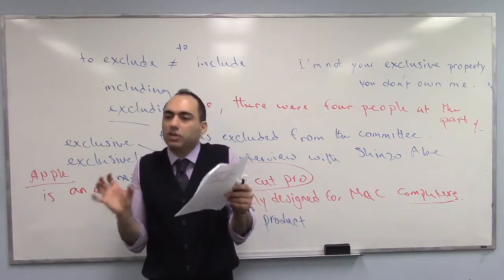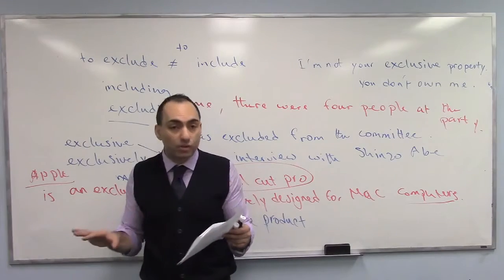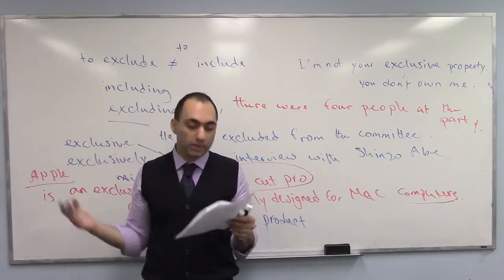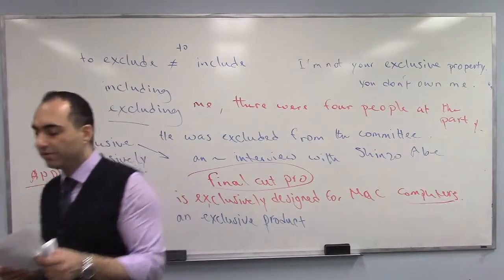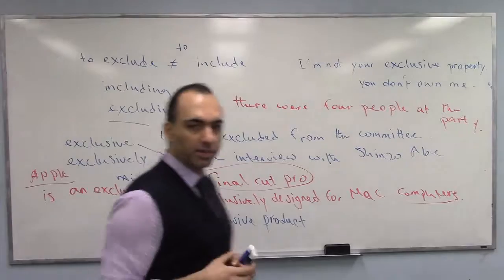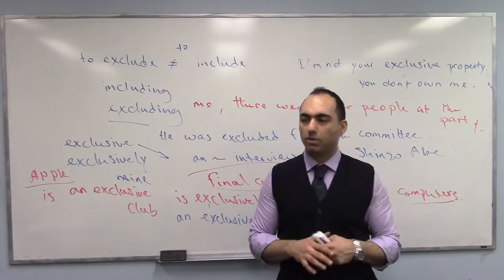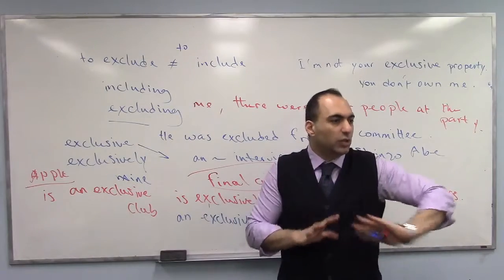So it's exclusively used by this faculty only. They excluded everyone under age 21 from the contest. Competition, we just talked about it a couple minutes ago. So everyone else was excluded. I was excluded from the committee. I was excluded from the competition.